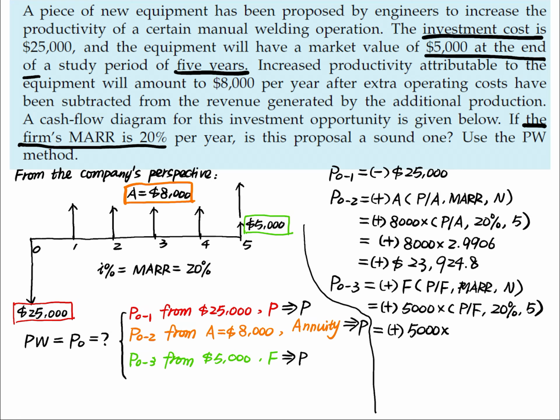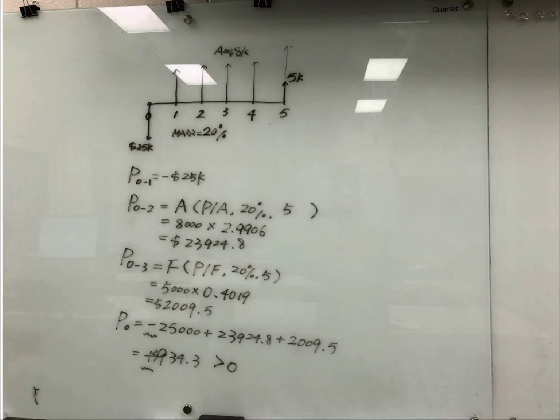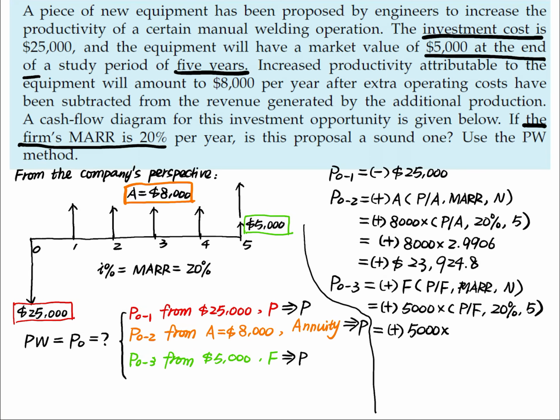You gotta find this factor in the table. So it's P slash F and 5 years, so this is your factor. And that is 0.4019. So the final result is 2,009.5.